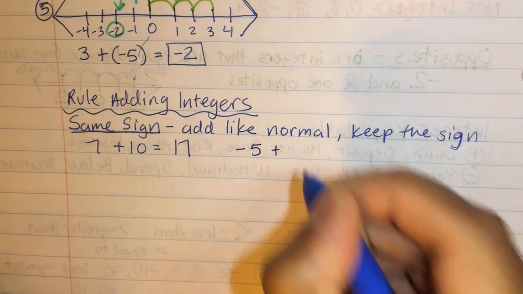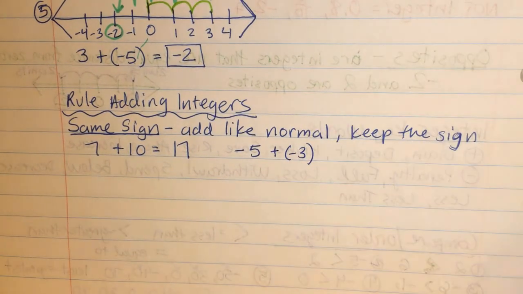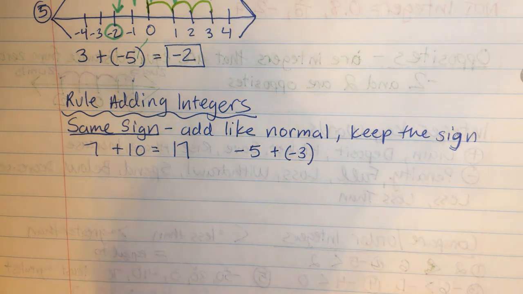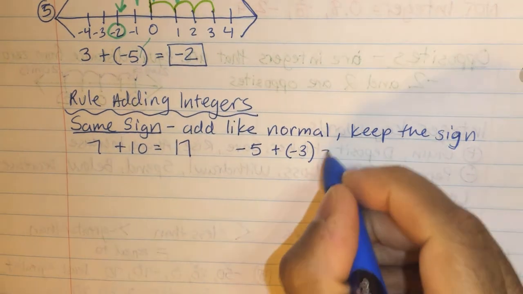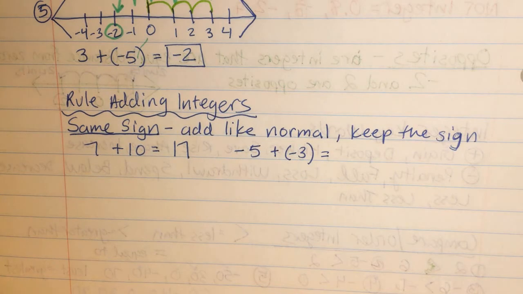Now, let's say, Jonathan, I gave you -5 plus -3. Let's follow my rules. It says add it like normal and keep the sign. So let's think about it. If I did 5 plus 3 normally, what would I get? 8, right?